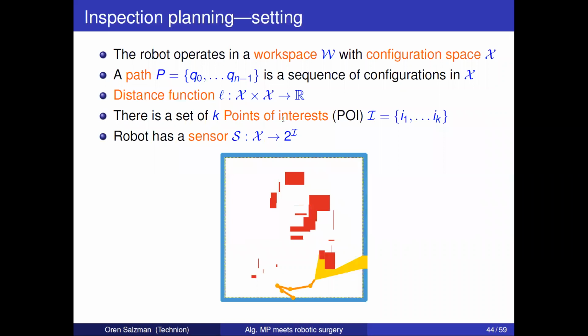In the traveling salesman problem, and actually this is not a new problem, you can see some of Lydia's work way back, in some sense we have two computationally hard problems that we need to solve. We need to choose a set of points from which we can collectively see the entire set of points of interest.